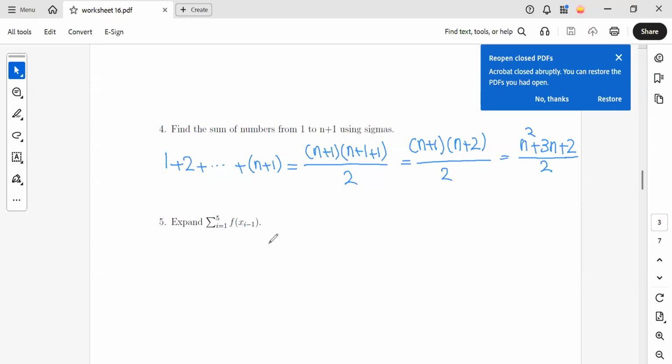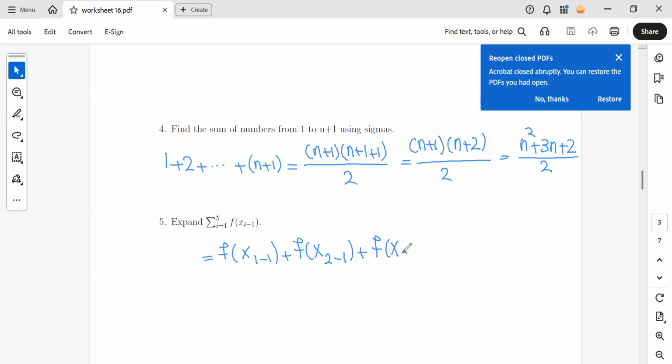Number 5 is about expanding. Let's say we have the sigma and we are going to say what it means. When it says i equals 1 to n, it means i changes starting from 1 to 5. So it will be the f of x. For the first one, 1 minus 1. For the second one, 2 minus 1.